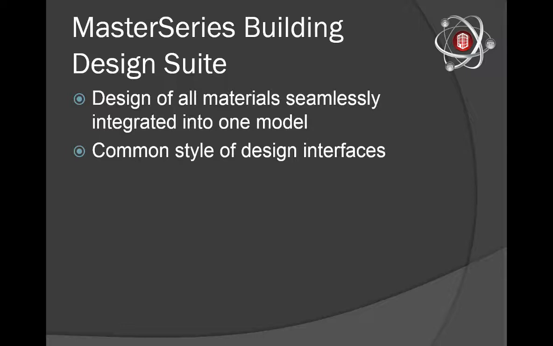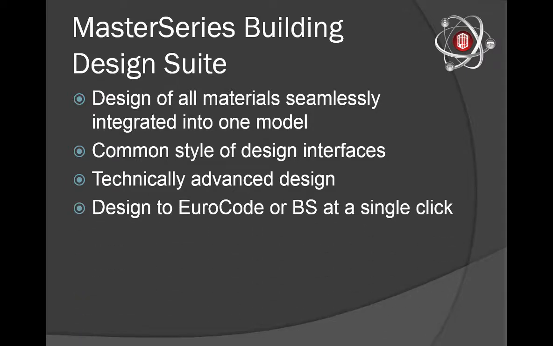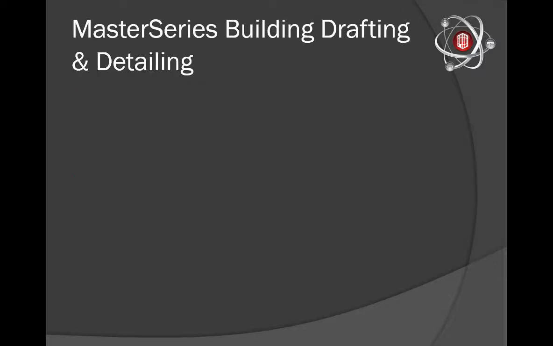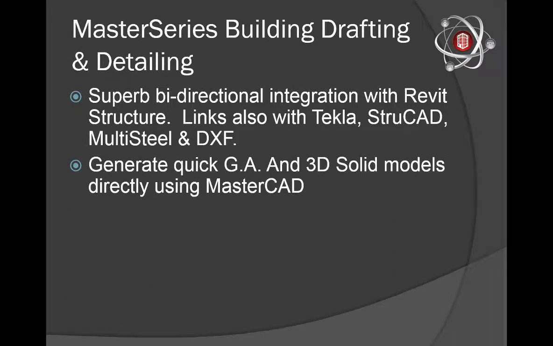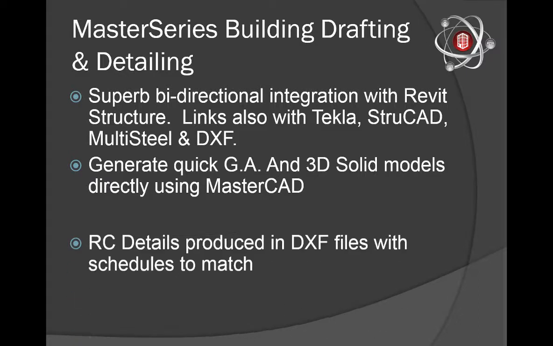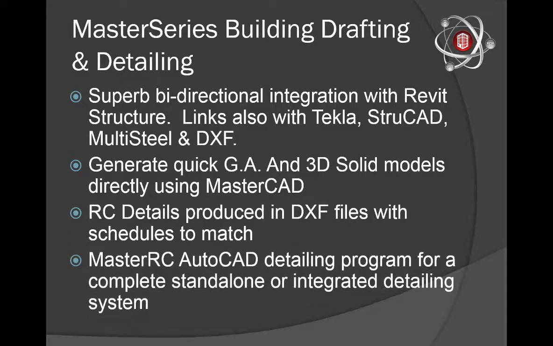It also uses one common style of design and is very powerful software, and naturally it all designs to the Eurocode or BS. At a single click we can switch between the two. And from a detailing point of view, we have bi-directional links with Revit, Tekla, AutoCAD, Multi-Steel, DXF. We can also produce these GA drawings and RC details as we mentioned.